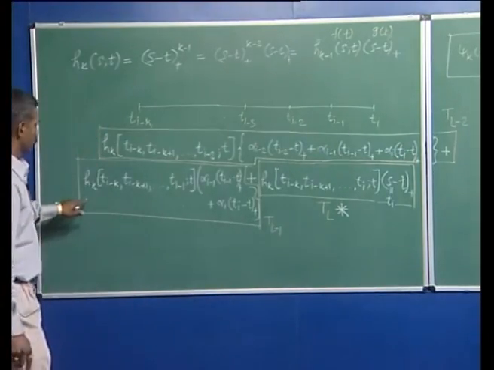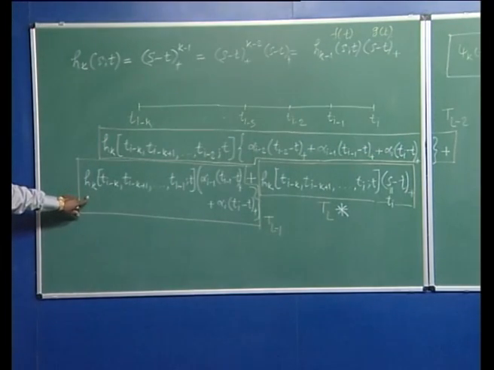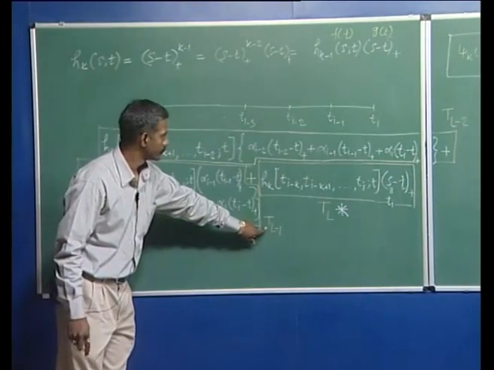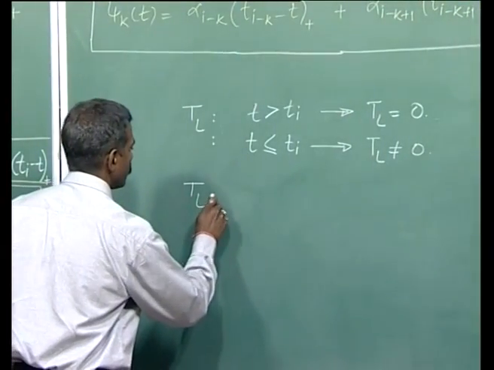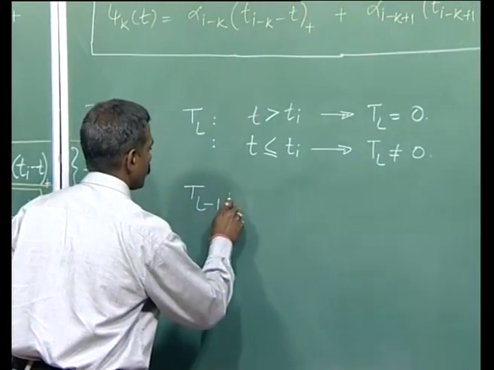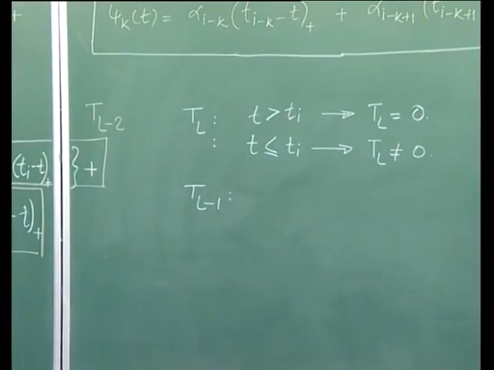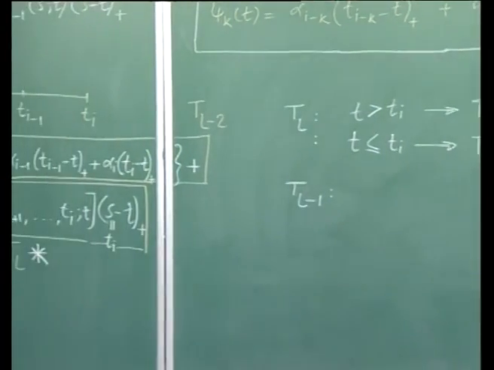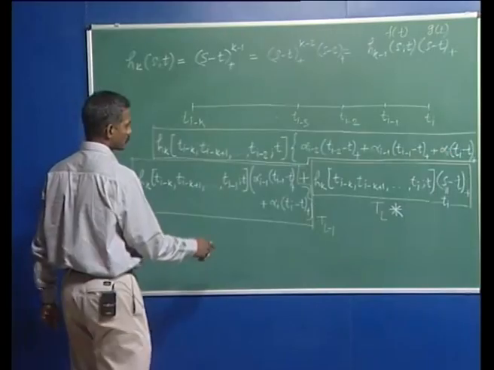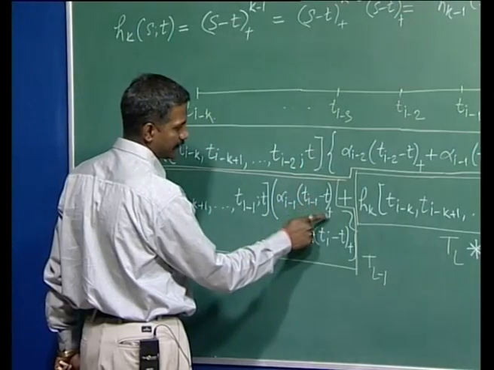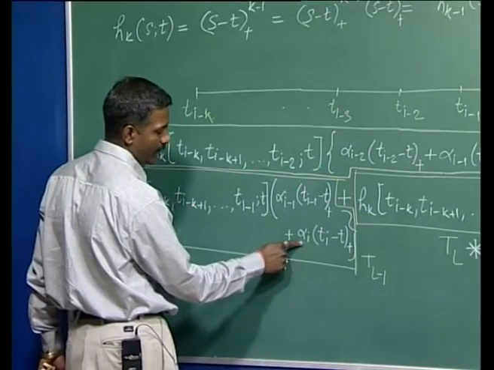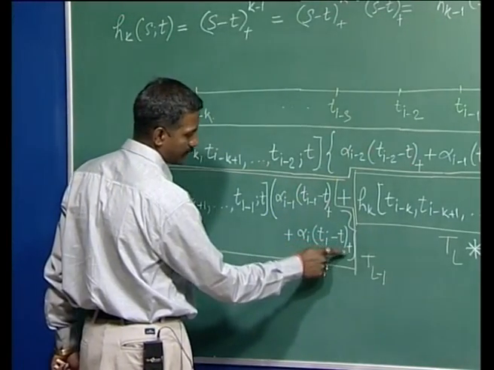Now let's concentrate on T_L minus 1, and on alpha_i-1 (t_i-1 minus t) truncated plus alpha_i (t_i minus t) truncated.